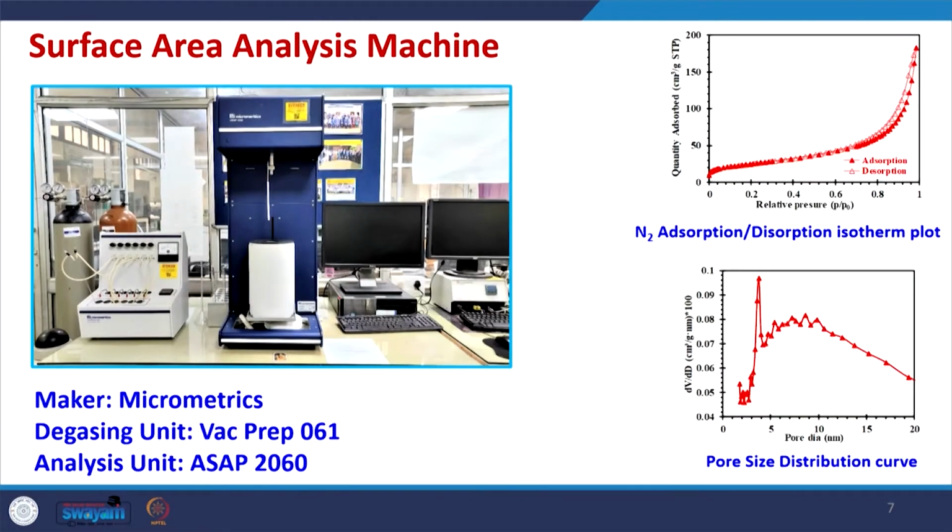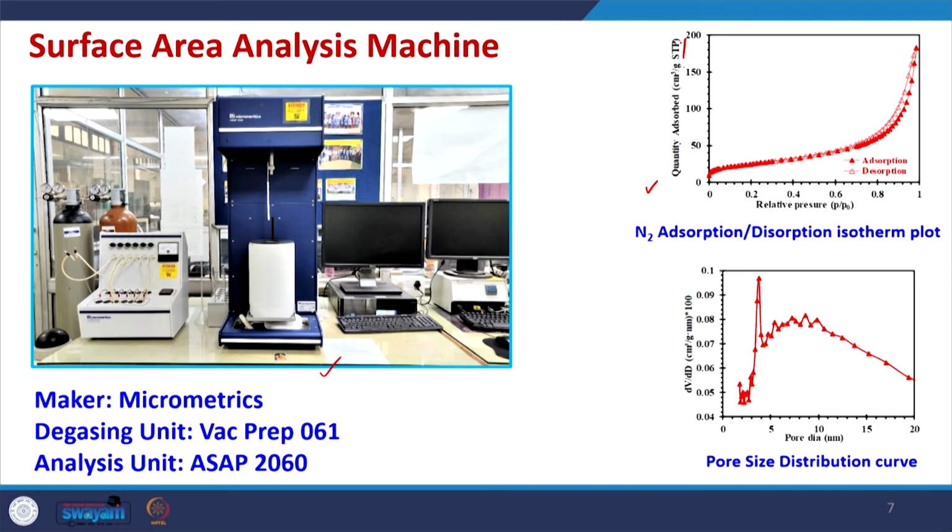Okay. Now, this is the apparatus which has been used. This is available with us also. This is from Micromeritics. There are many other companies also, and the data we generally get is quantity adsorbed, centimeter cube per gram of adsorbent at STP.